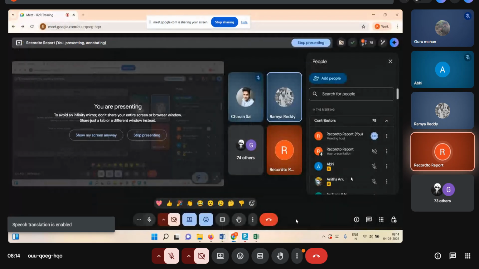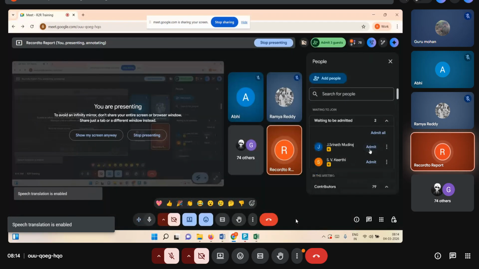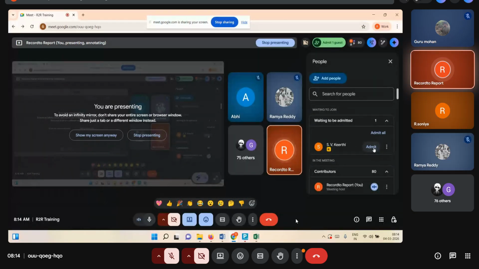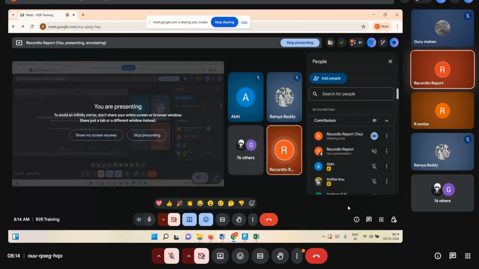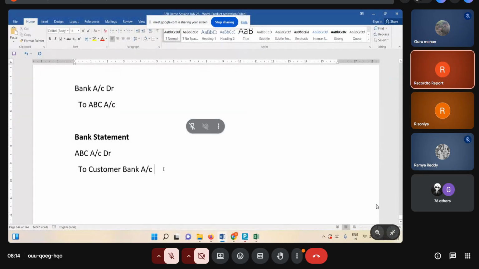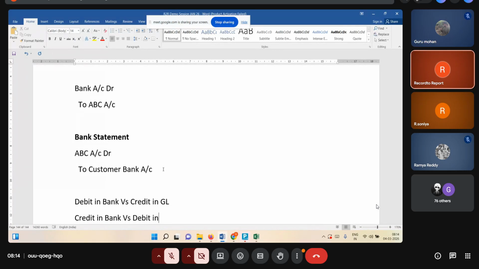So that's the reason whenever you're matching data between the two, I always suggest don't compare debit with debit. You need to compare debit in bank versus credit in GL, and credit in bank versus debit in GL.